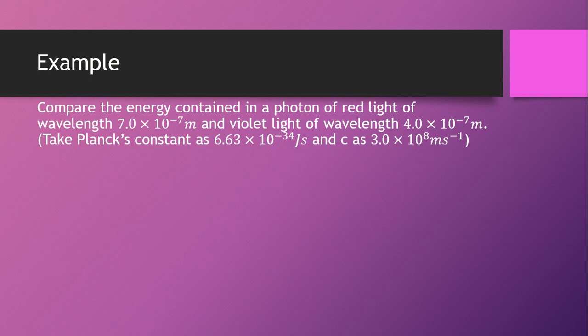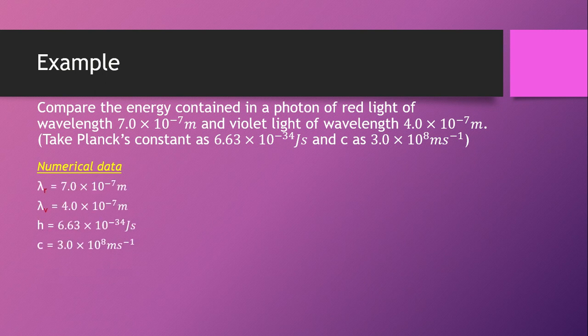Supposing that you have something at hand to tabulate, I'll begin with mine. Basically, to answer any question, you have to interpret that particular question. First, write all the numerical data that are required of you. So these are all the data that are given in the question. We have the wavelength of the red light, the wavelength of the violet light, the Planck's constant, and the speed of light.